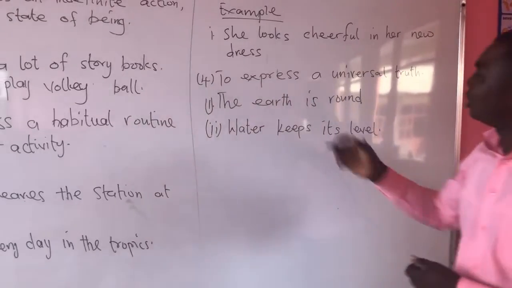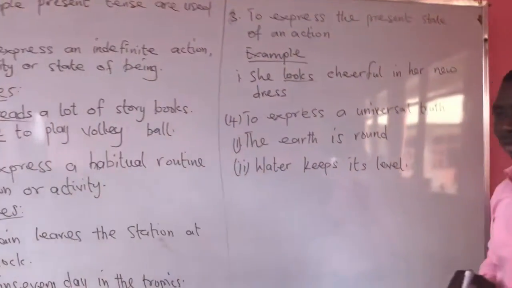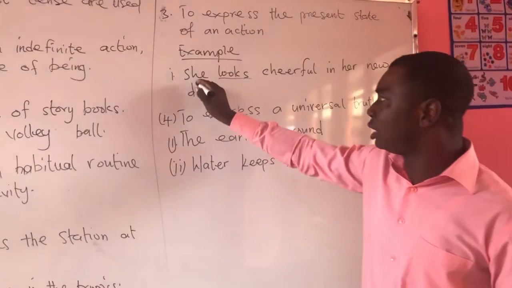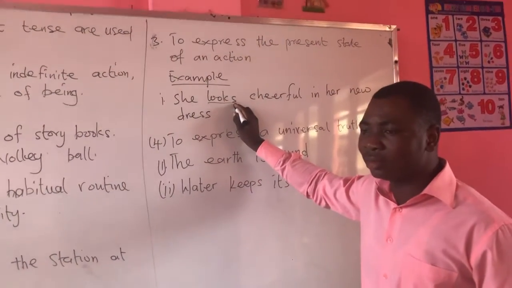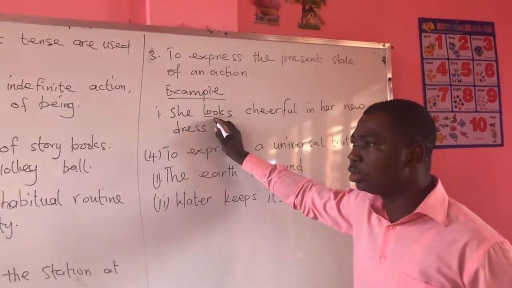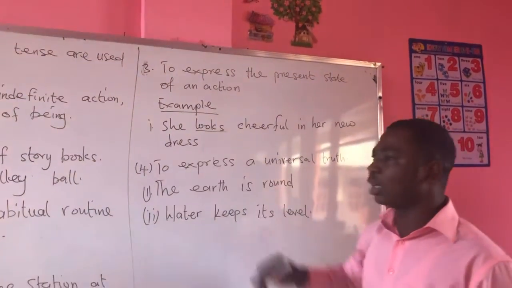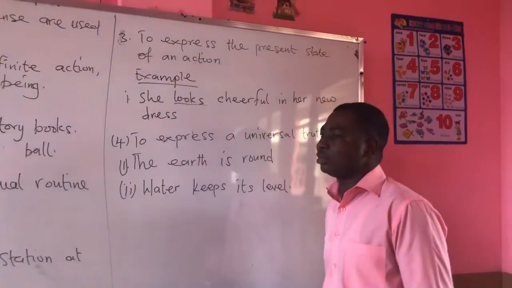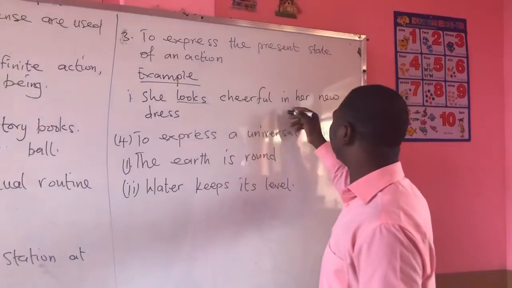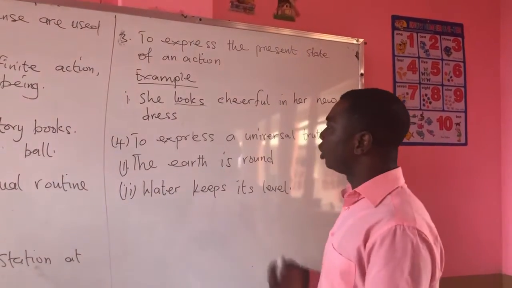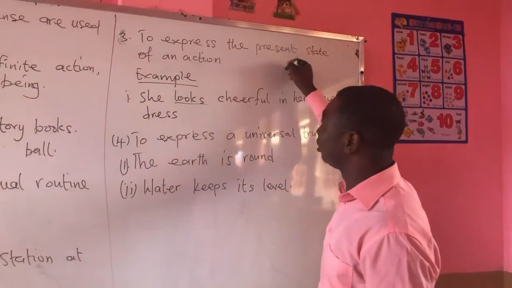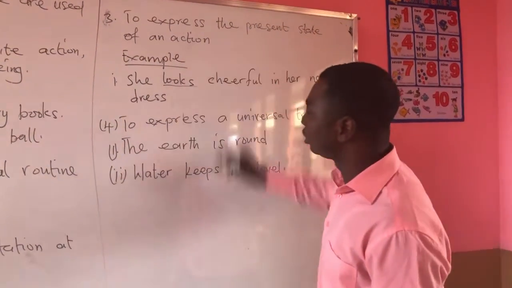The action is looks. And I'm using she, so I have to add s to the verb look. You can look. So she looks, how she is looking at that moment. So we are using this to express the present state of the action.